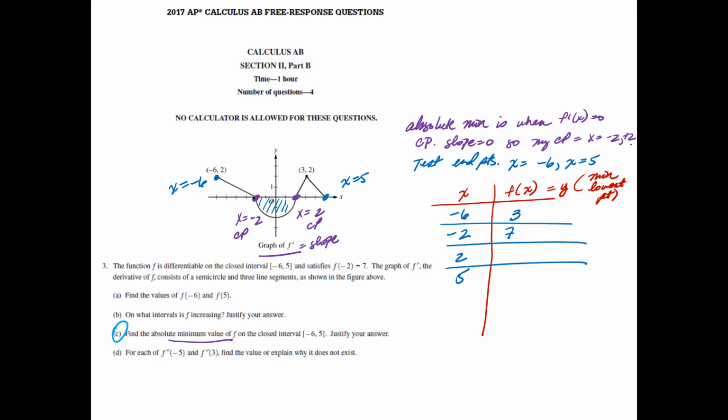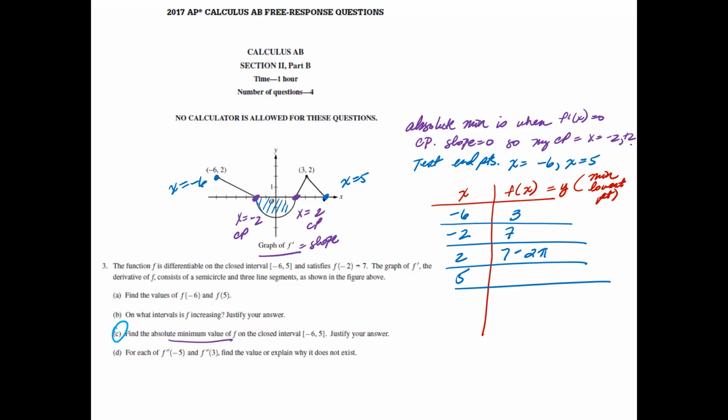So if it's at -2, it's going to be a 7. So at +2, you have to take all of -2, which is 7, include from -2 to +2, which is -2 pi.